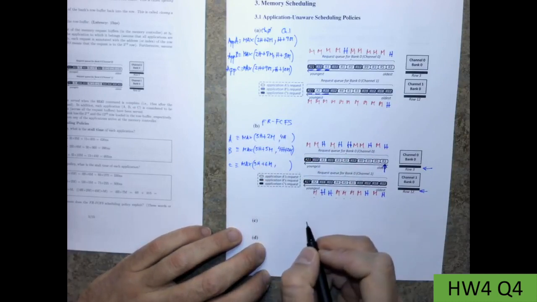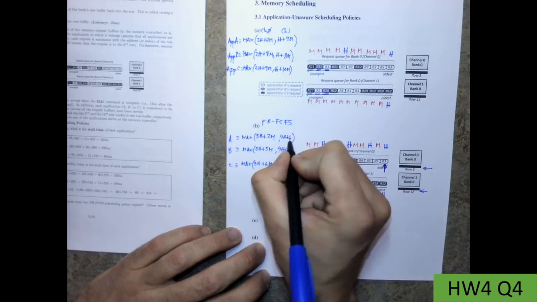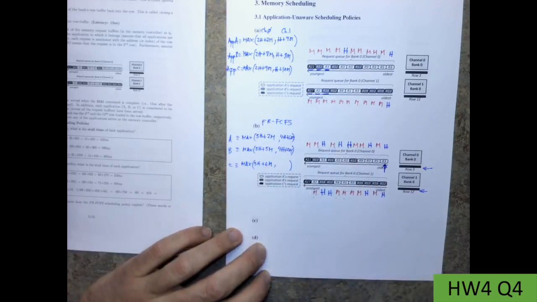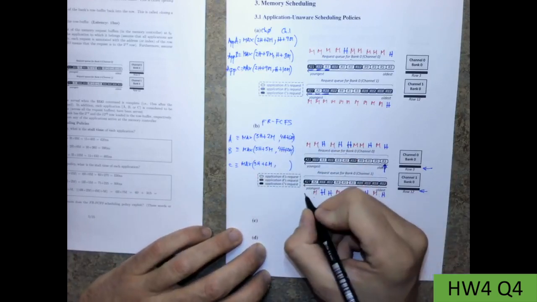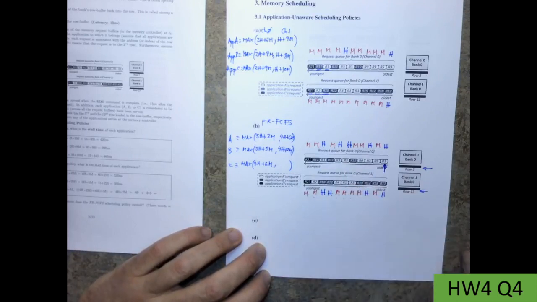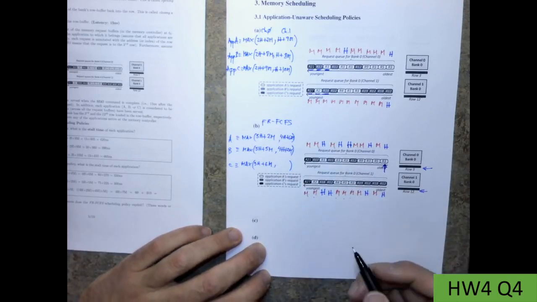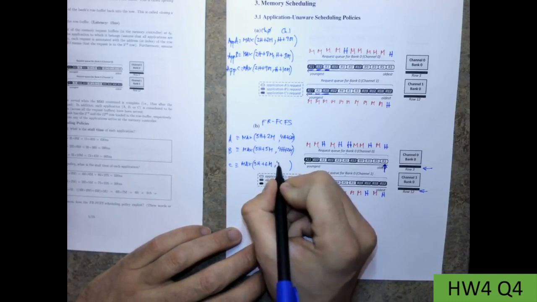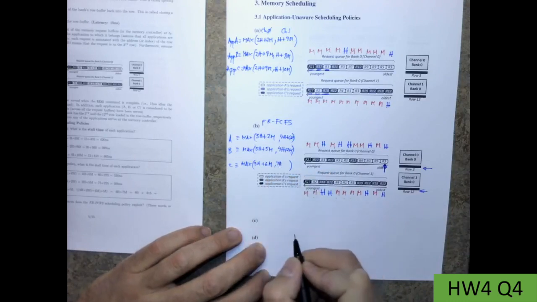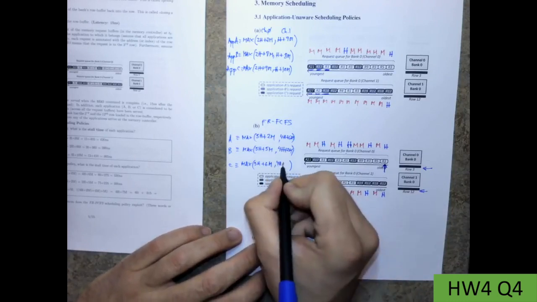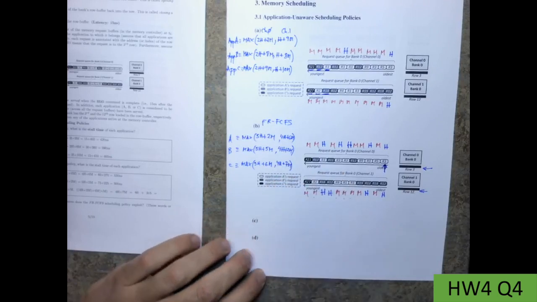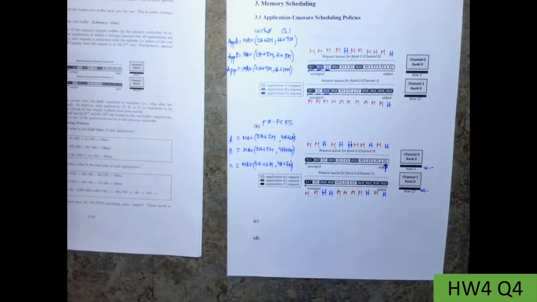We have to wait for 4 hits plus 6 misses. And finally, for application C, we have a miss in row 27. So finally, we have to wait for application C 4 hits plus 7 misses. So this is if we apply the first ready, first come, first served policy.